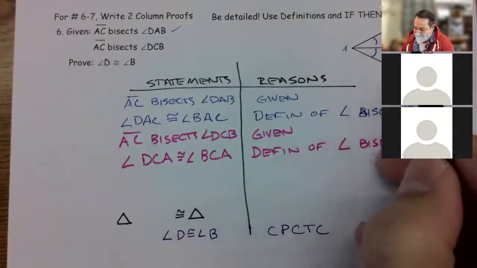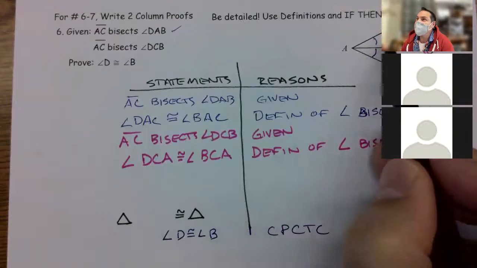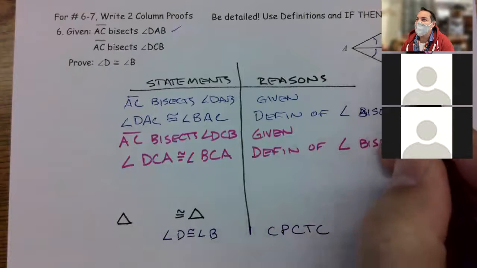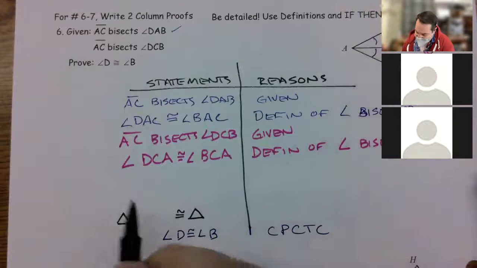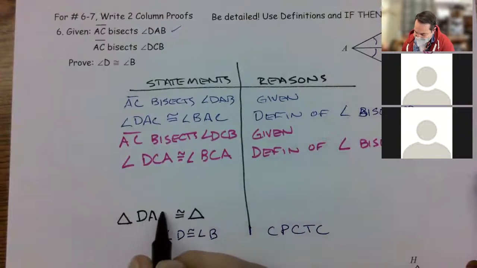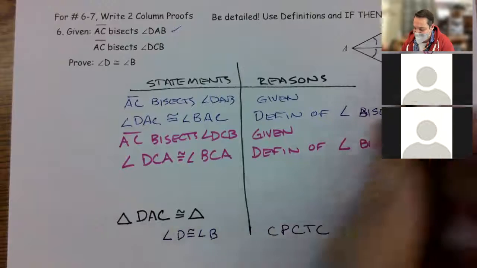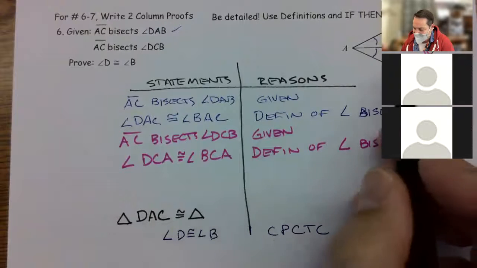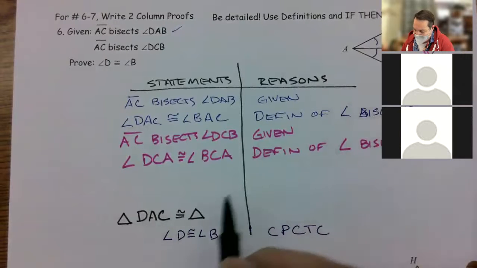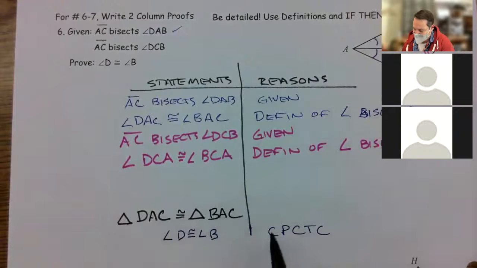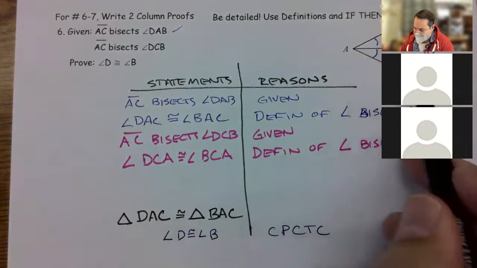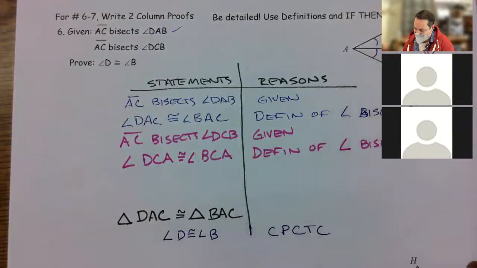So what should I call this top triangle? DAC, I like it. But now that you've chosen DAC, we have a very specific title we have to call this bottom one. Good, BAC. I have to use the corresponding parts in sequence. D matches to B, these A's match, these C's match.